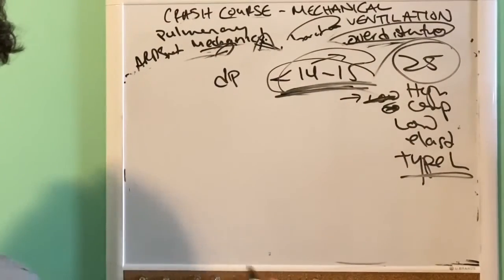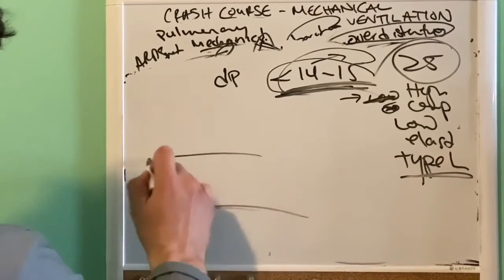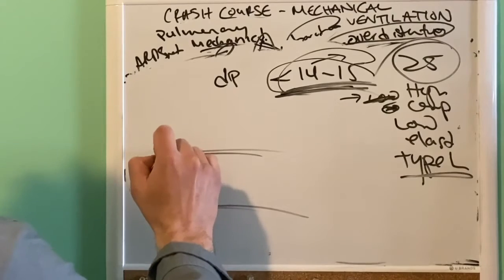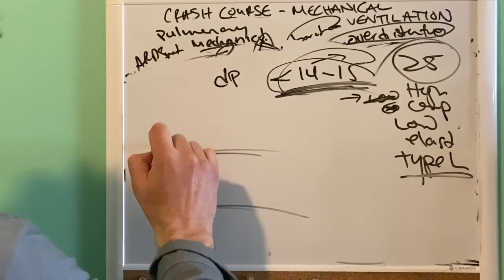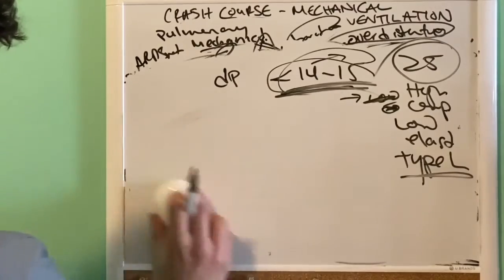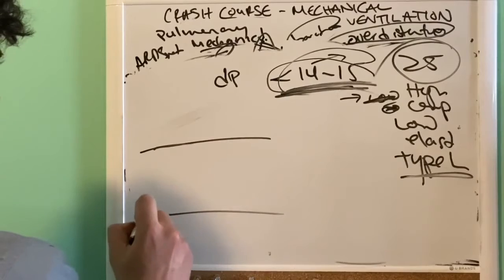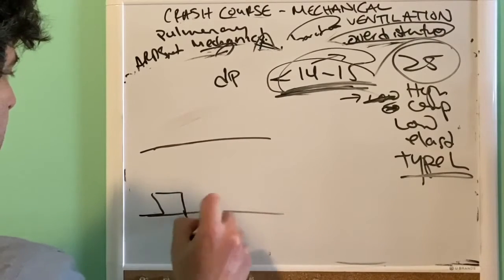All right. Other things to look at if you're trying to figure out where to put the PEEP. And remember, we talked about volume control, right? So we said volume control should look like this. We said volume control, again, let's start with this curve.